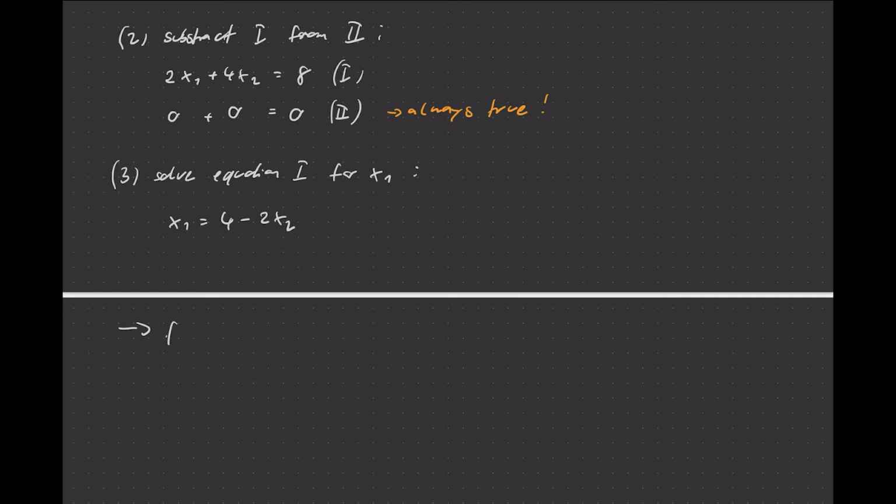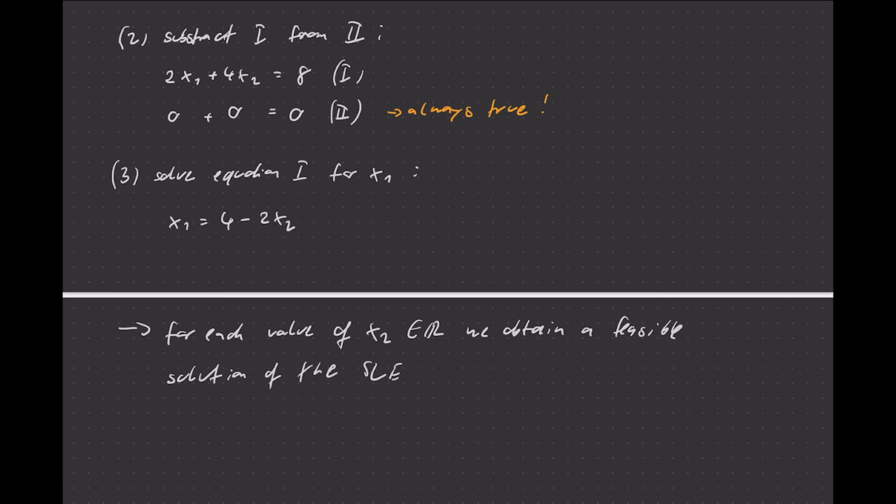Okay, so what that means is, for each value of x2 in the real numbers, we obtain a feasible solution of the SLE by setting x1 equal to 4 minus 2x2.